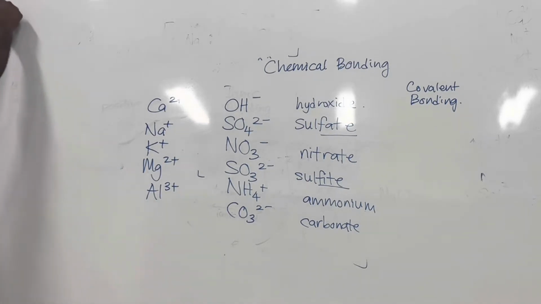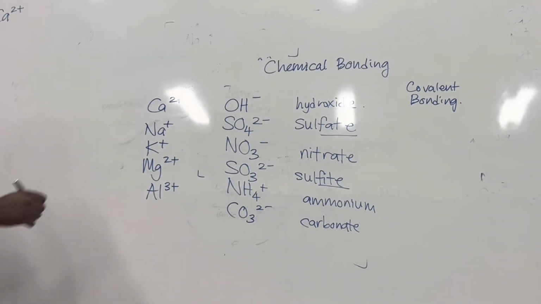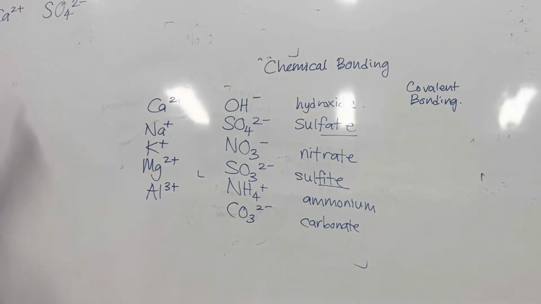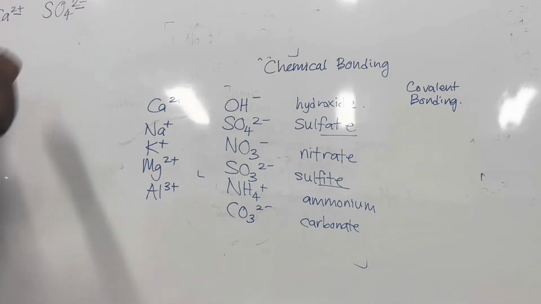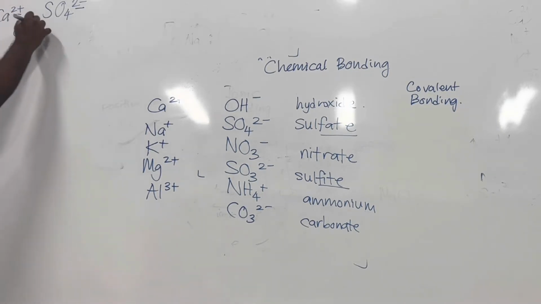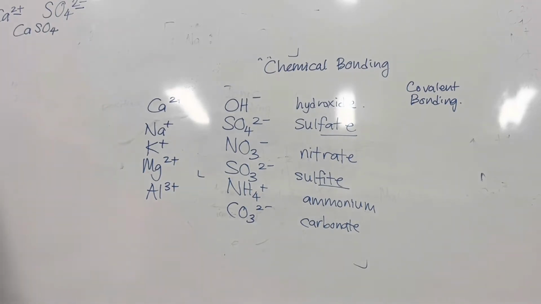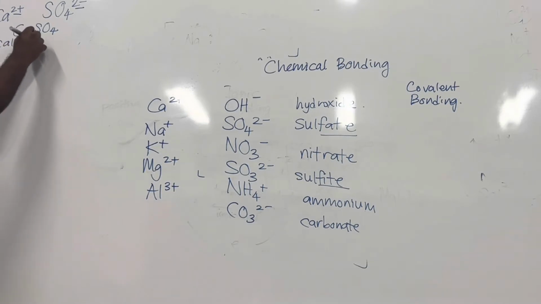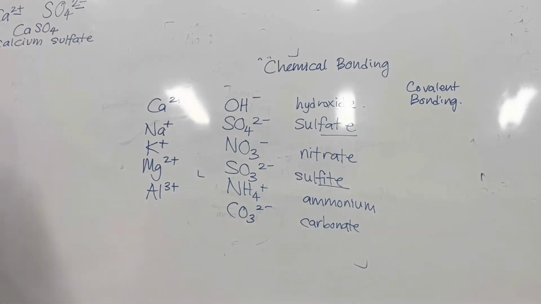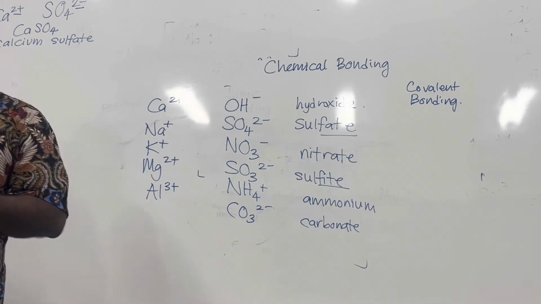Ca2+ and SO4 2-. You see, 2+ and 2-, no need to do anything. So it's going to be CaSO4. And what is the name? This is calcium, no change, just sulfate. Calcium sulfate. Simple.